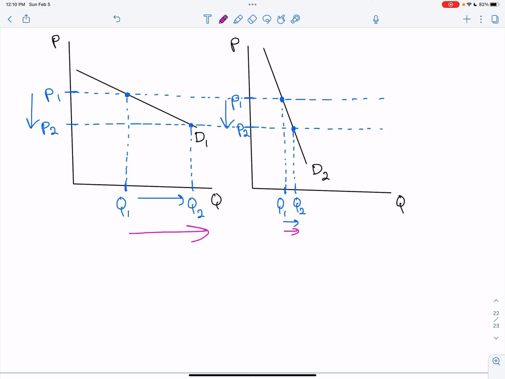Now, based on what we just learned, this case 1 here, D1, the quantity demanded is way more sensitive to a change in price than in the case of D2. So we say that demand here is relatively elastic. Okay, and this demand curve here is relatively inelastic. Okay, so the lesson here is the steeper the demand curve, the less elastic the demand.